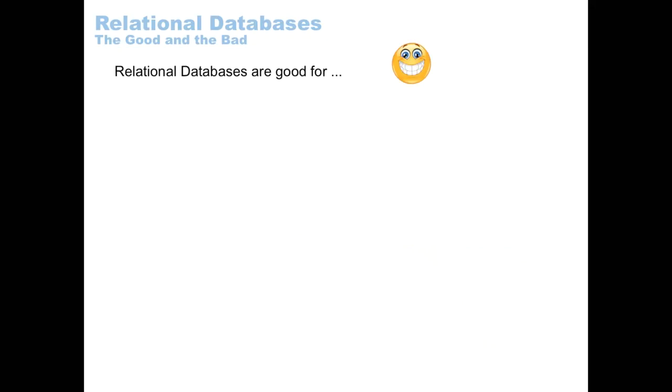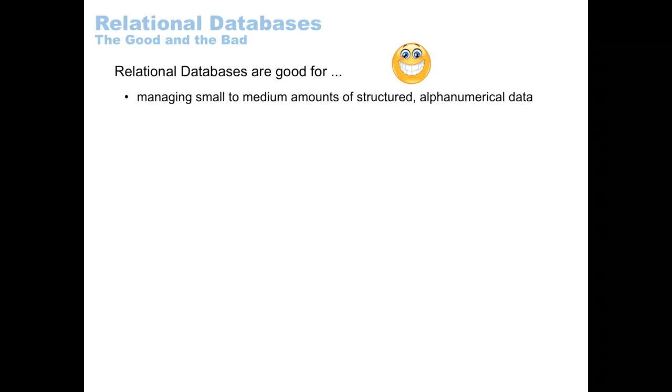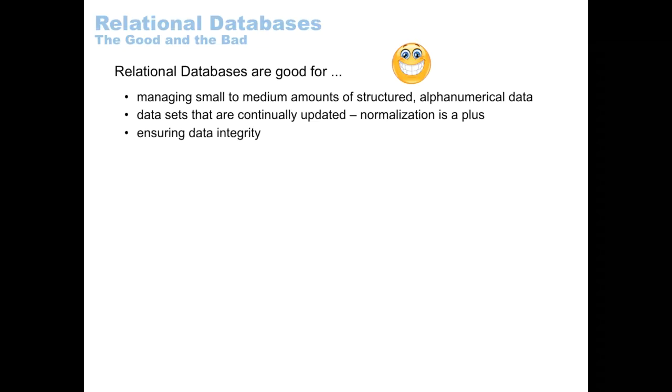So relational databases are good for managing small to medium amounts of structured alphanumeric data, data sets that are continually updated. In this case, normalization is a really nice feature to have, because the updates to your data can be made in one single location.